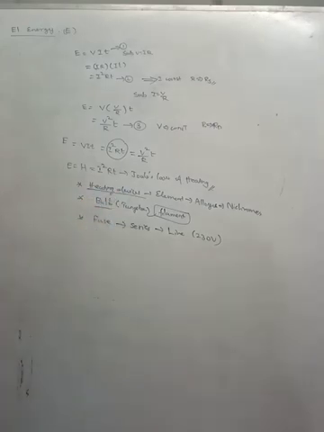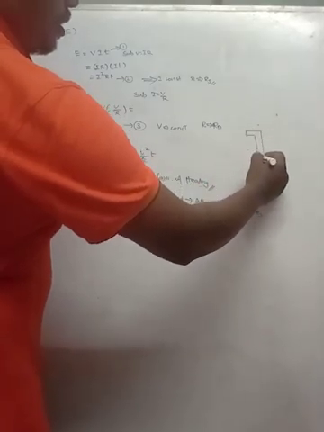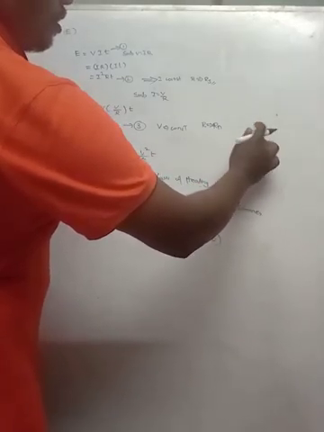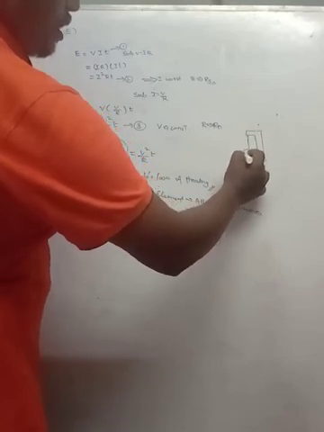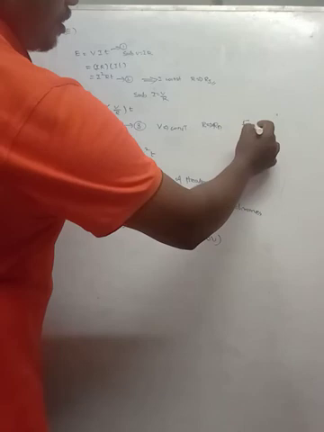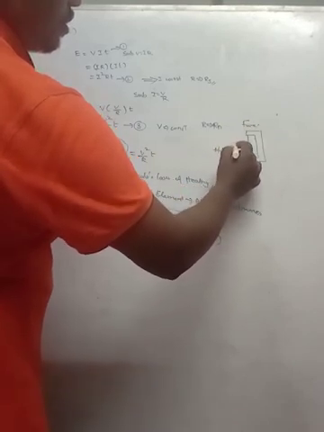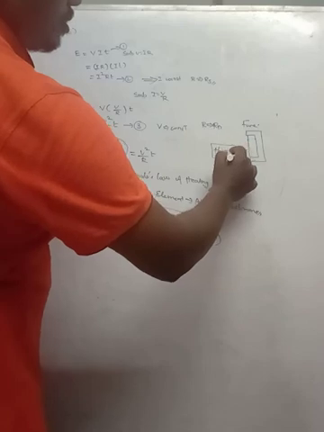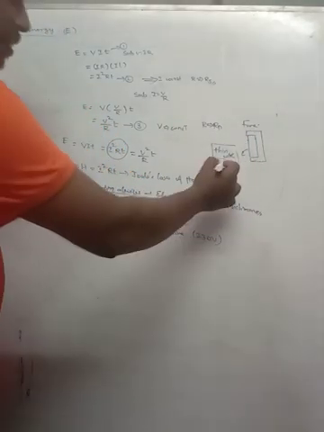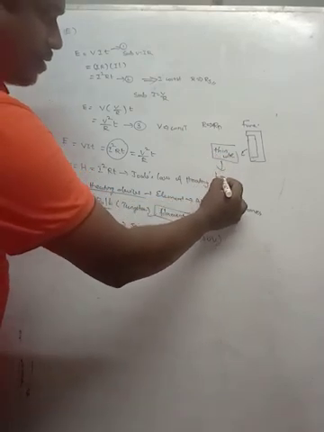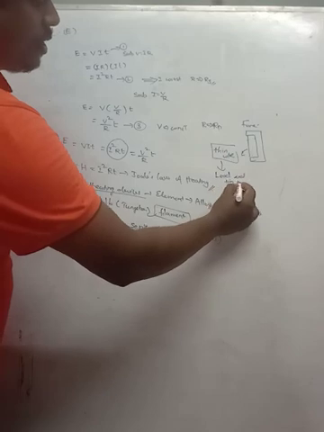You might have seen the fuse. It has two terminals. The two terminals are connected by a thin wire. That is nothing but the fuse. This is a thin wire, okay? So the thin wire is made of lead and tin alloy.